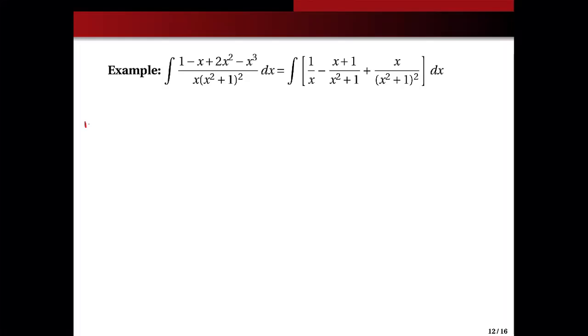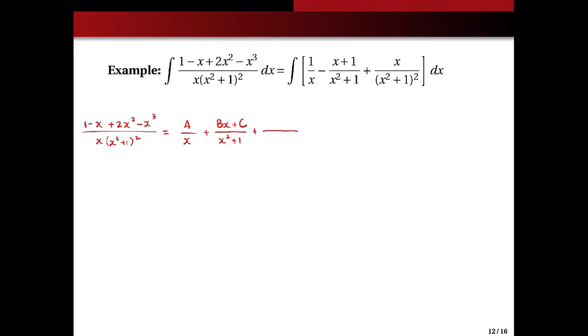So you will have 1 minus x plus 2x squared minus x cubed divided by x times x squared plus 1 squared. According to case 4, and we also include case 1, this guy here can be written as A over x plus, for the denominator x squared plus 1, let's just write Bx plus C. So the numerator is linear.